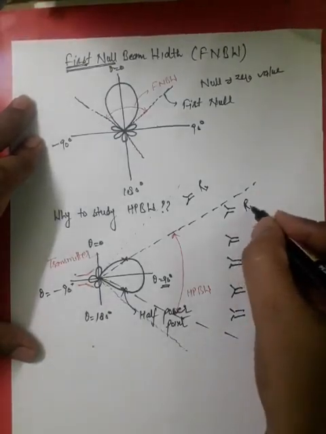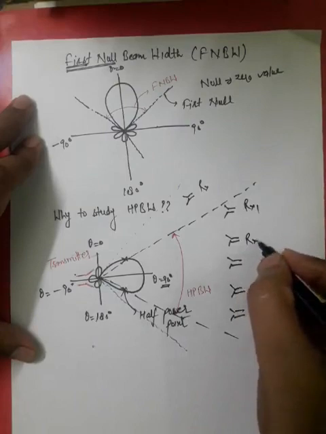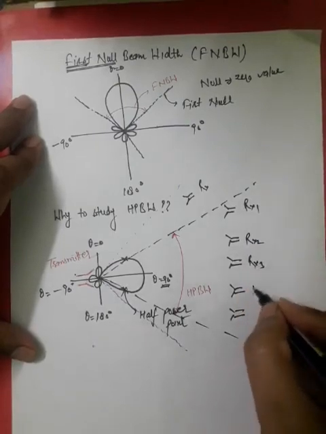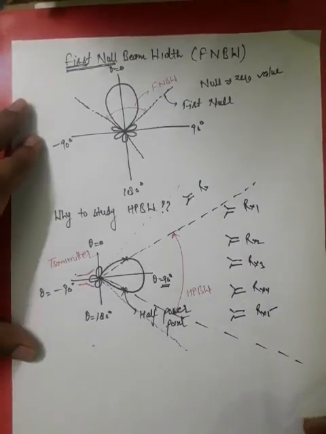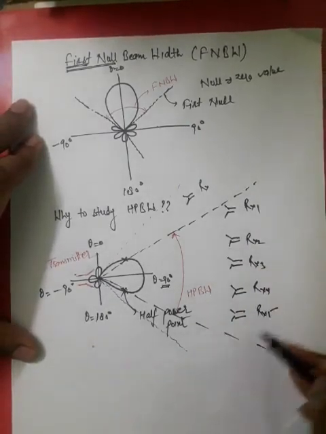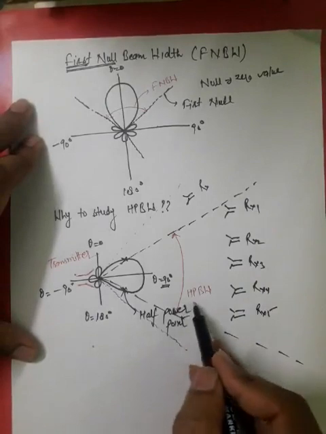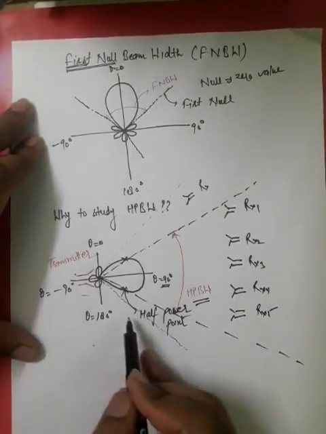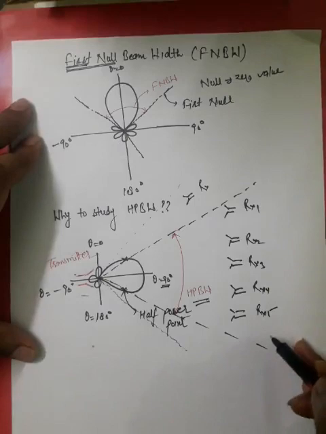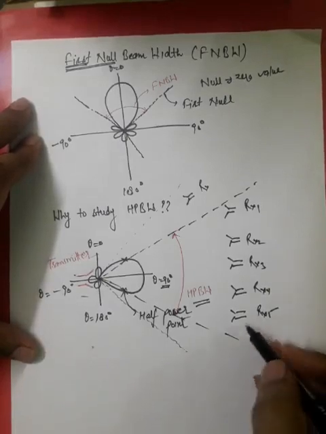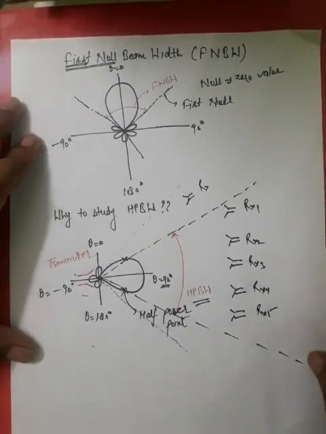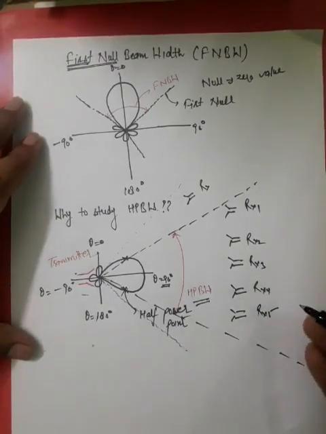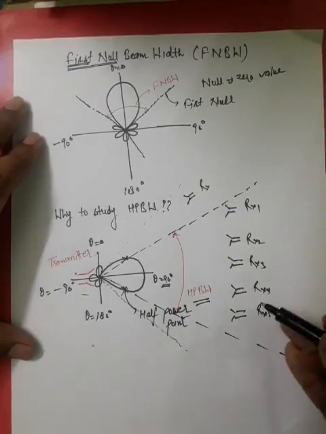This receiver RX1, RX2, RX3, RX4, RX5. All these receivers which are within the half power beam width of your transmitting antenna will receive sufficient power so that they can interpret the signal, or we can say they will receive the signal with good strength.